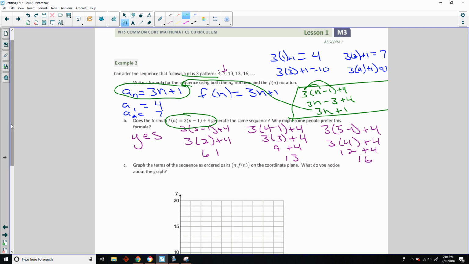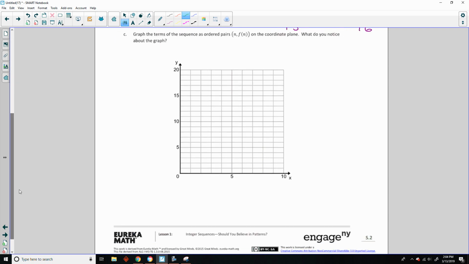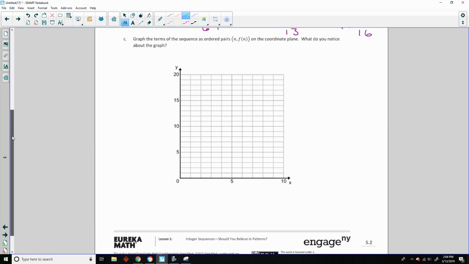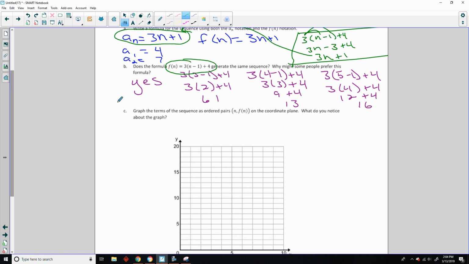Okay. Part C. Graph the terms of the sequence as ordered pairs (n, f of n) on the coordinate plane, and what do you notice about the graph? So I need a table.